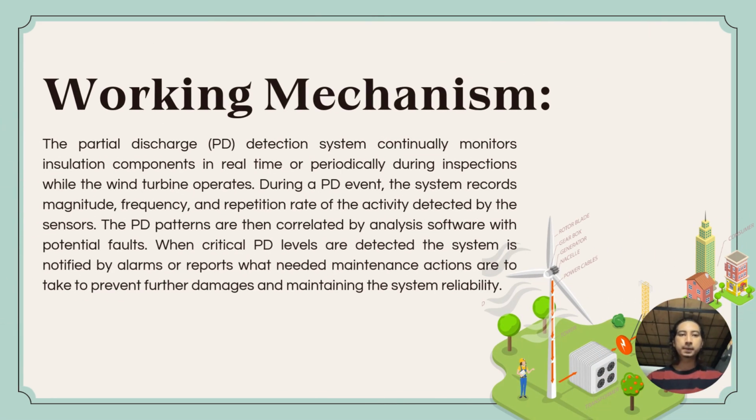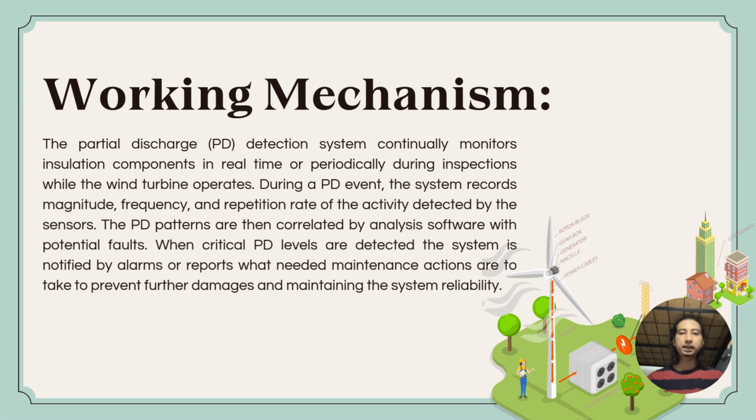Lastly, the working mechanism. The partial discharge detection system continually monitors insulation components in real time, or periodically during inspection, while the wind turbine operates. During a partial discharge event, the system records the magnitude, frequency, and repetition rate of the activity detected by the sensors.